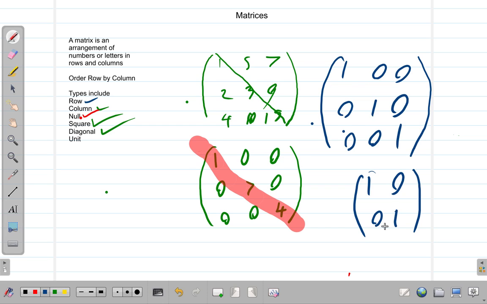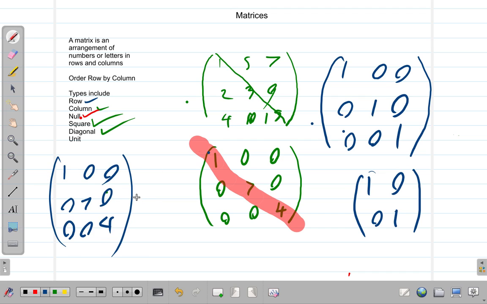Now, when you have the unit matrix, or say any matrix, suppose you want to write this matrix again, and again, and again. It would be inconvenient to keep saying 1, 0, 0, 0, 7, 0, 0, 0, 4. And then suppose you had to write it 5 times.